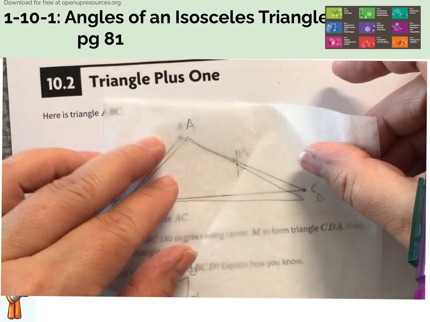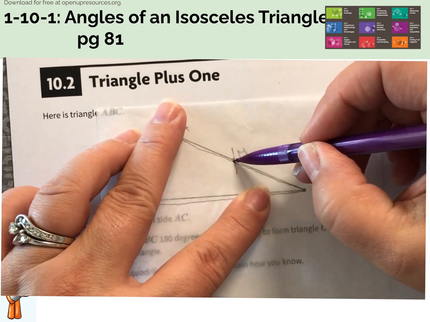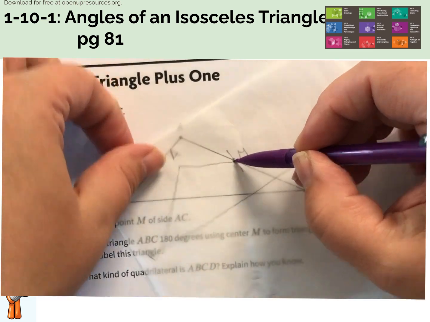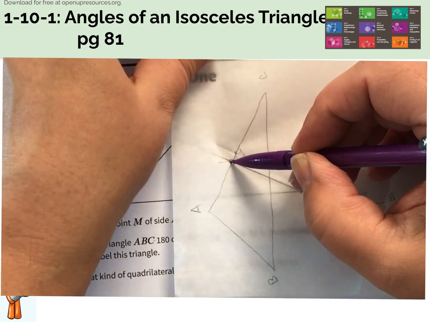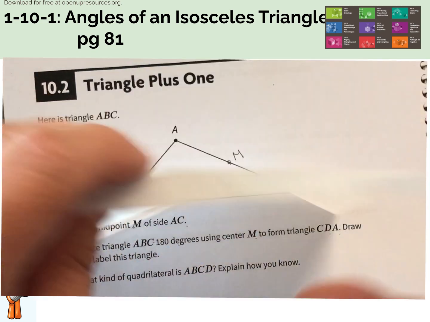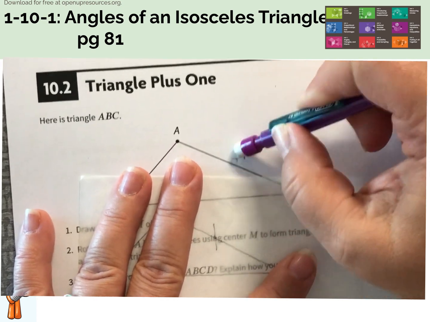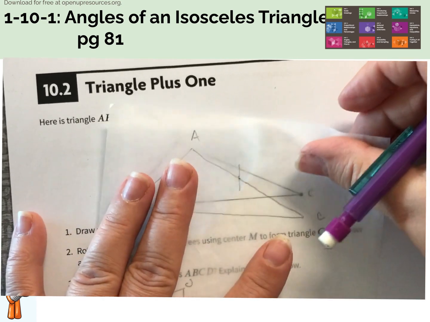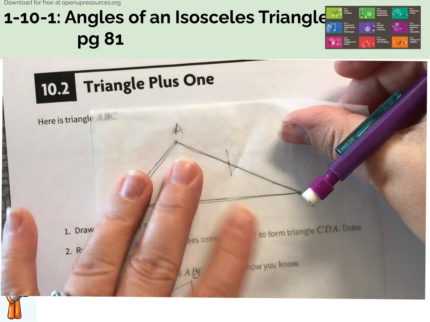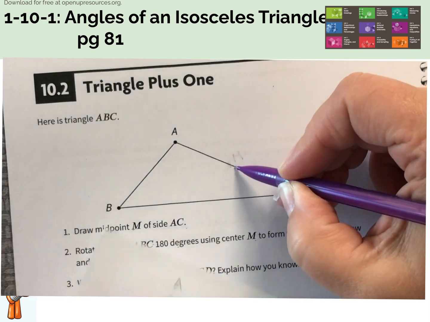Let's try that one more time. M is way up here. Okay, so I'm going to do 90 degrees, 180 degrees. Oh, my M is off. All right, let's try this again. Oh, M is actually down there. M is here. All right, here's my middle point.